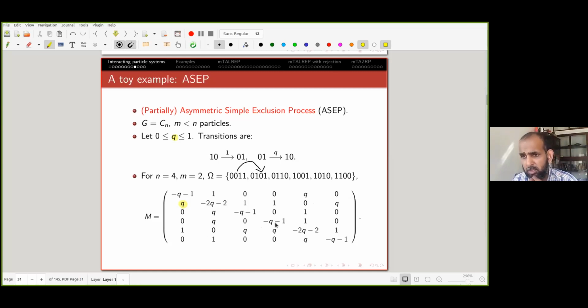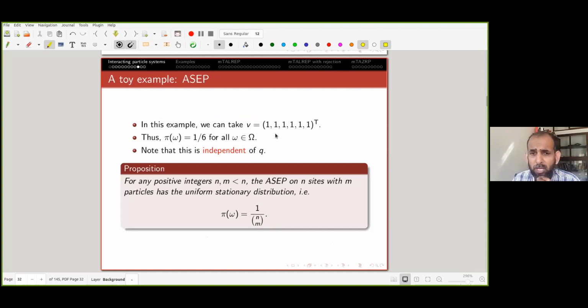Somehow it turns out in this case. And so you can take v to be the all ones vector, and so your stationary distribution is the same for all states. This is a bit surprising if you have not seen it before, because this is independent of q.